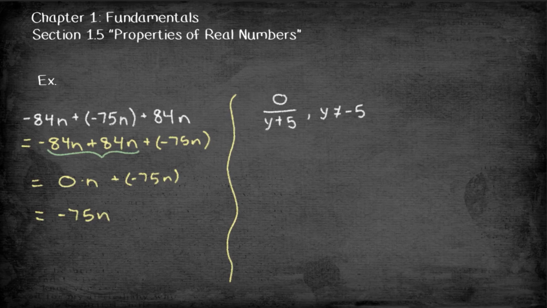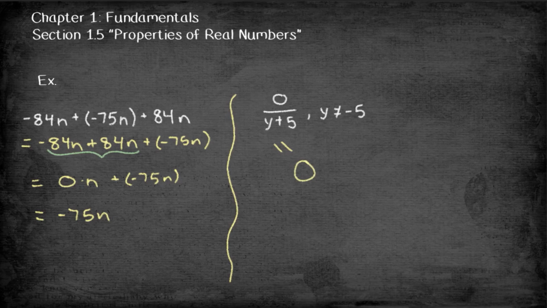If we have something like 0 over y plus 5, and we want to simplify it, well, we know that 0 divided by any number which is not 0 is going to be 0. Since y isn't negative 5, this means y plus 5 is not 0.